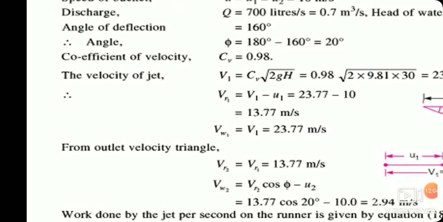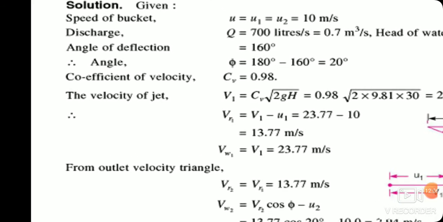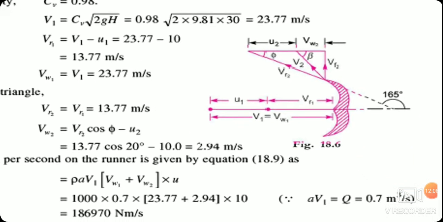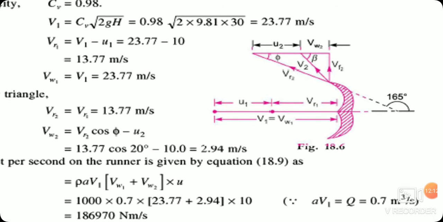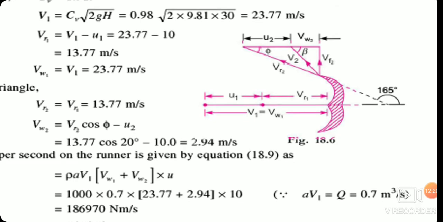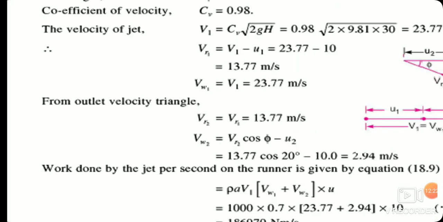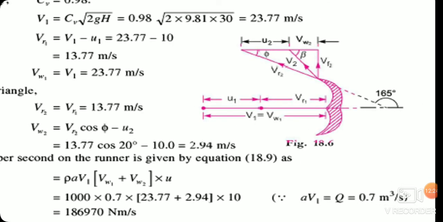Then from the inlet velocity triangle, Vr1 is equal to V1 minus U1, and it is equal to 13.77 meter per second. So Vr1 is 13.77, and V1 is equal to Vw1, which is 23.77.